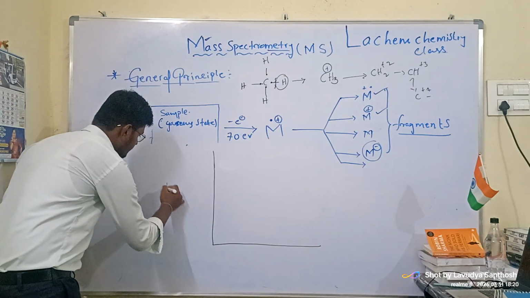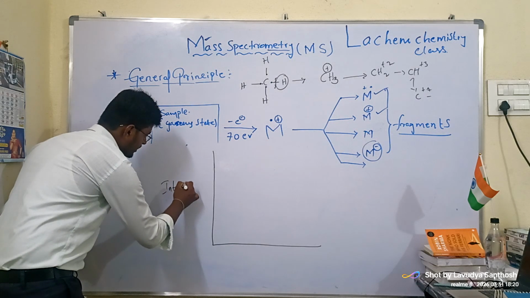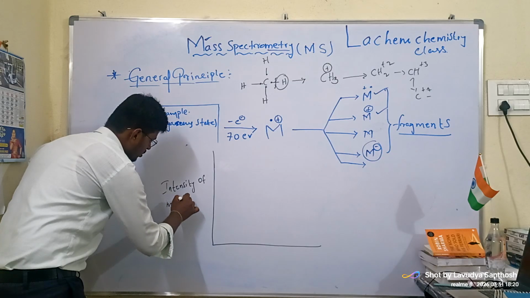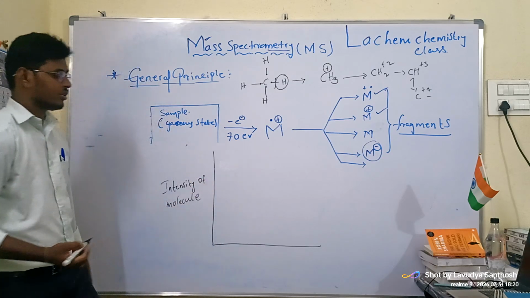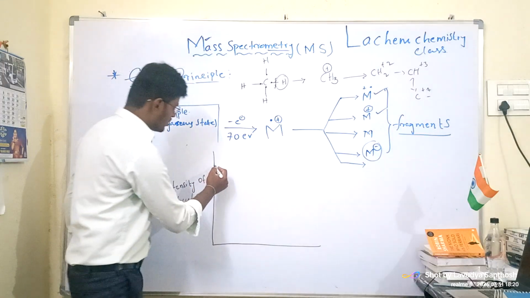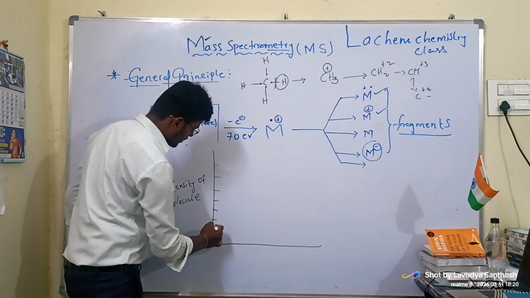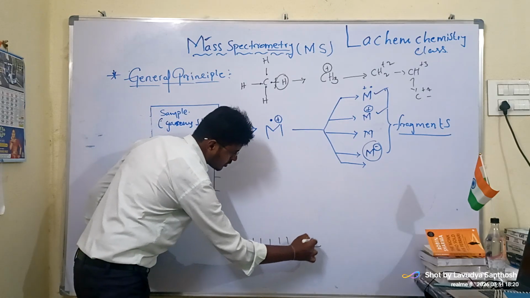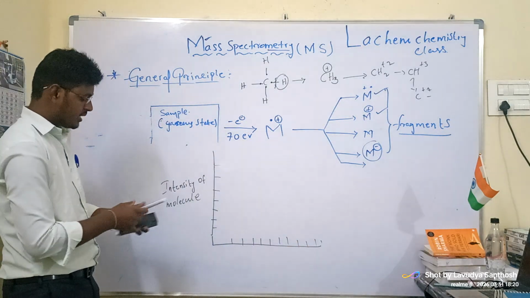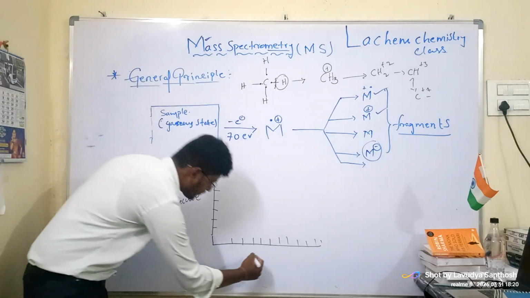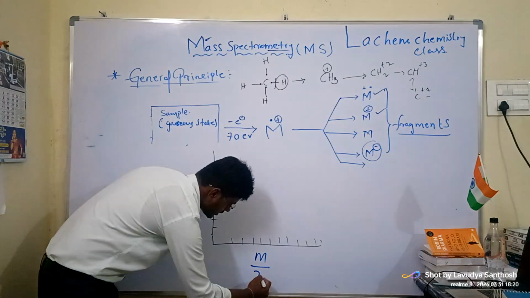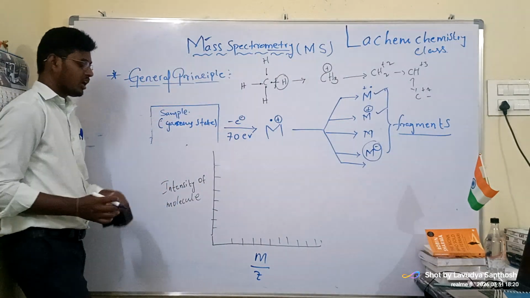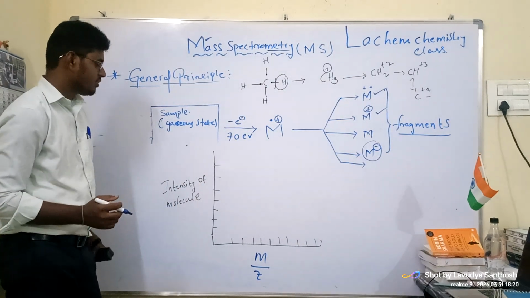Intensity of molecule on one axis and m by z ratio on the other, m by z of the cation.